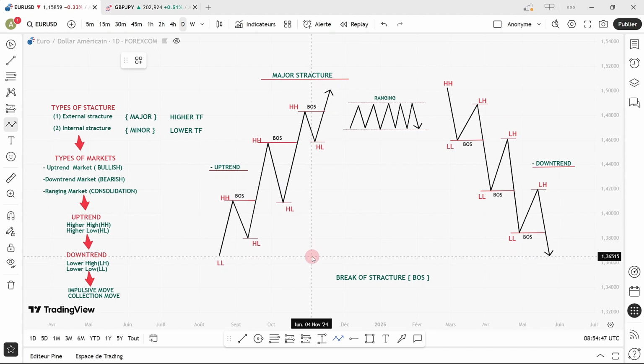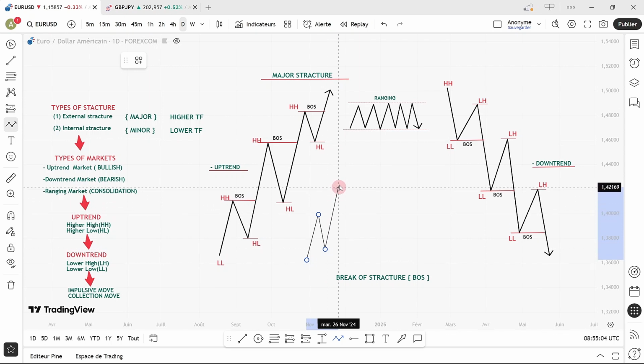So the market, as it is going, this move is called an impulsive move. This one is called a correction or a pullback. When it pulls back, you're supposed to be positioning yourself here so that you continue with the current trend, which is an uptrend.